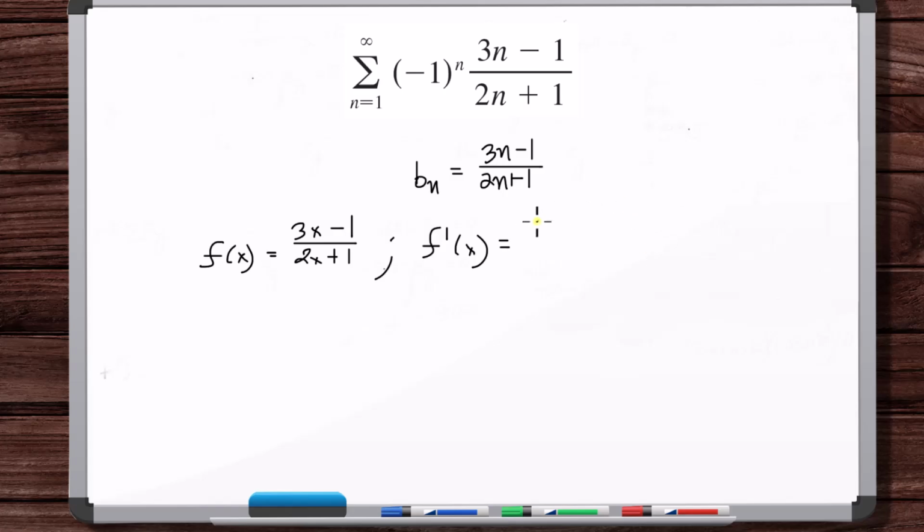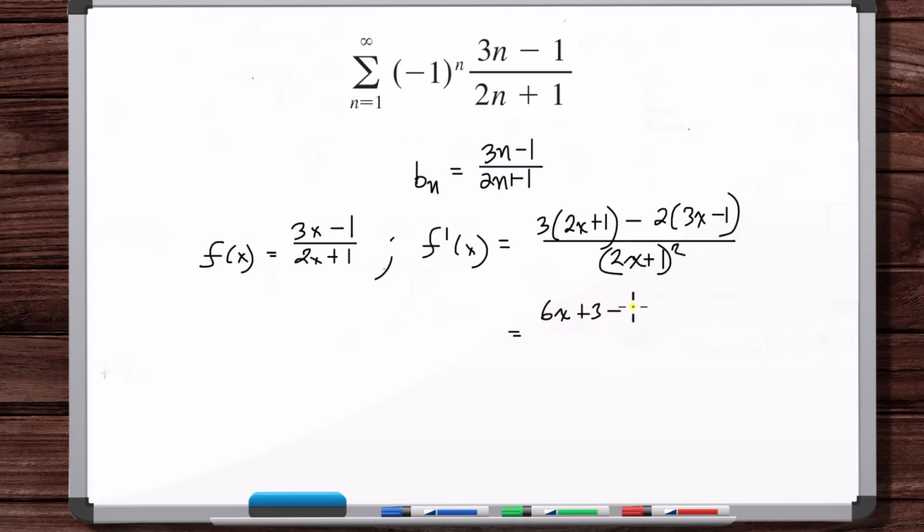Quotient rule: derivative of the top times the bottom minus derivative of the bottom times the top, all over the bottom squared. So this is 6x plus 3 minus 6x plus 2, so 5. So this is always positive.